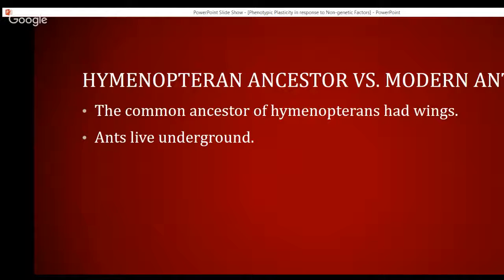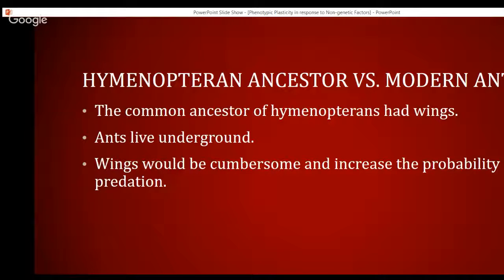Now ants, as we all know, live underground. And since they live underground, wings would not be helpful to them and would actually be harmful because they would be cumbersome and they would increase the probability of being eaten because they might get stuck in their tunnel or on their grass or something could grab their wings.